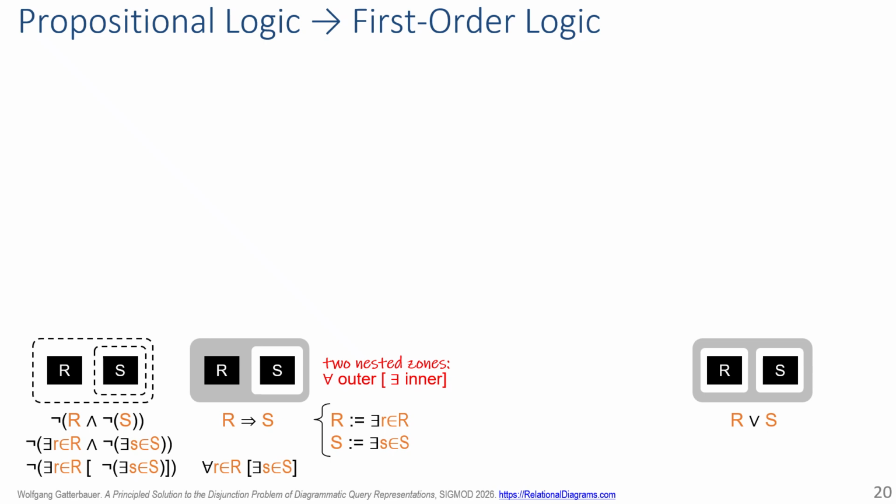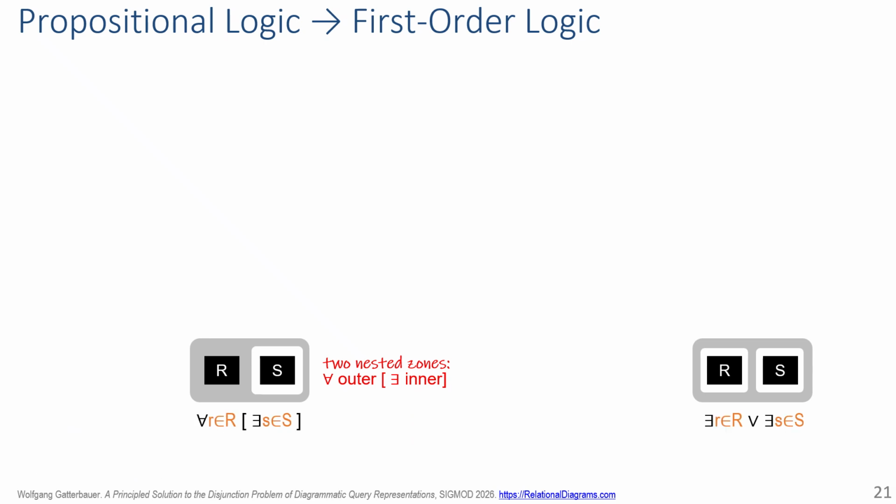Okay, so we have already been in first order logic all the time, and we still have the same interpretation of nested zones. The outer first nested zone implies the inner, the second nested zone. So let's make this more interesting. We make this more interesting by adding attributes.